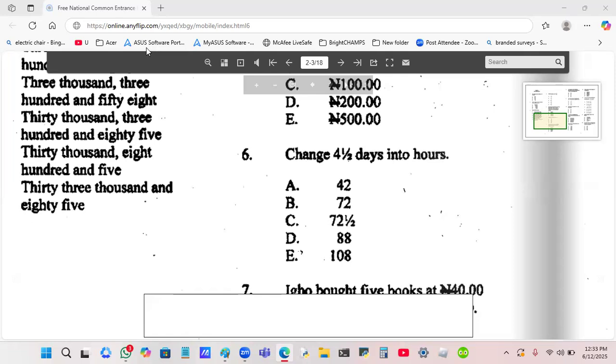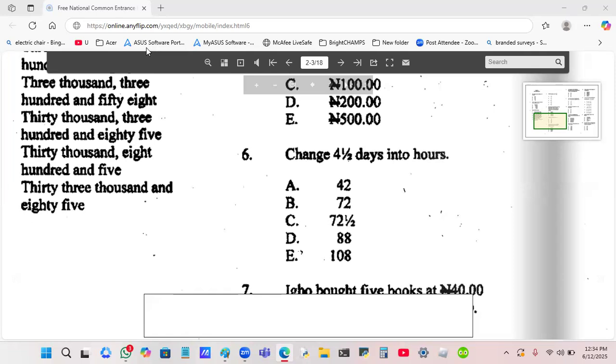And 24 times 4 is 96. So that means if you want to get the total, wait, can't be 96. Yes, 96.